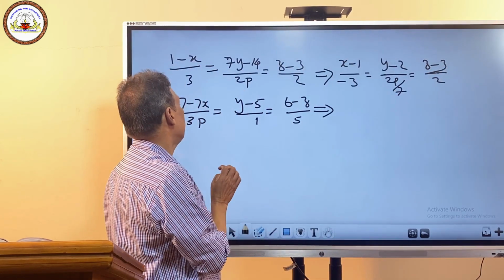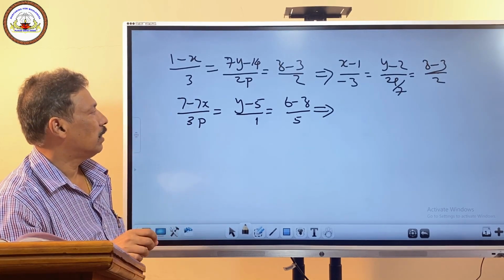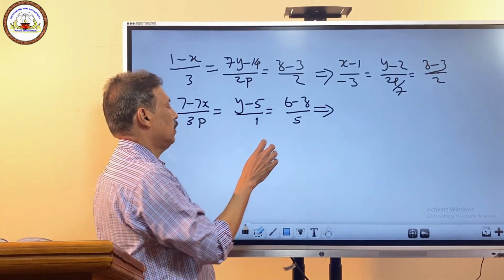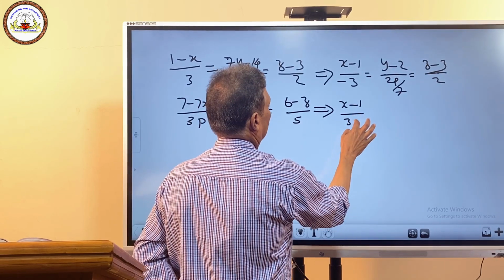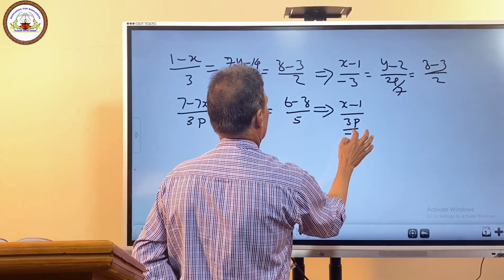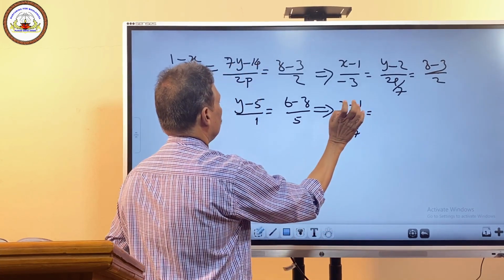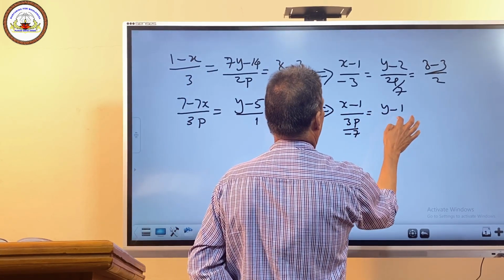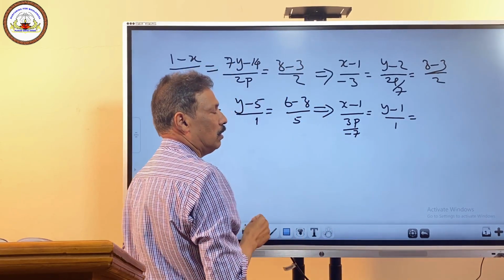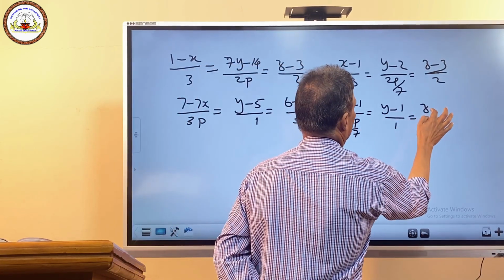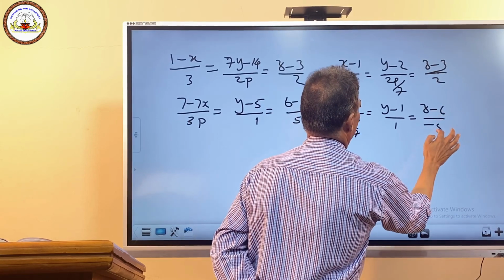For the second line, we divide numerator and denominator by -7, that is (x minus 1) by 3p/-7 equals (y minus 5) by 1, and multiplying by -1, (z minus 6) by -5.